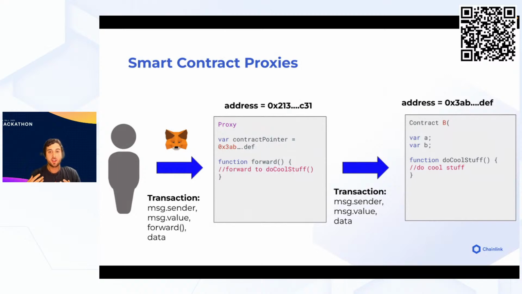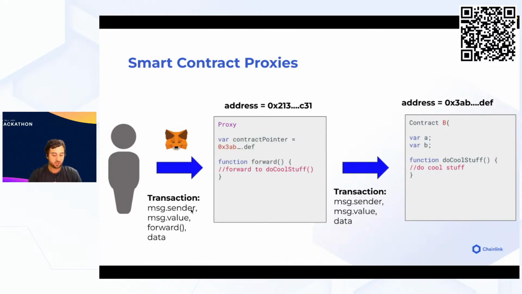And just like a proxy server sits in between a user and the server they want to communicate with, a proxy contract sits in between a user and the smart contract they want to talk to. It can forward transactions to another smart contract. So in this diagram, we have the user, they're using MetaMask to communicate with this proxy contract here.